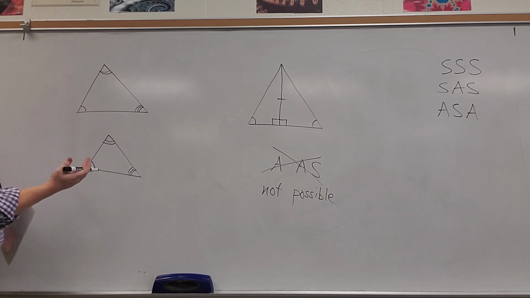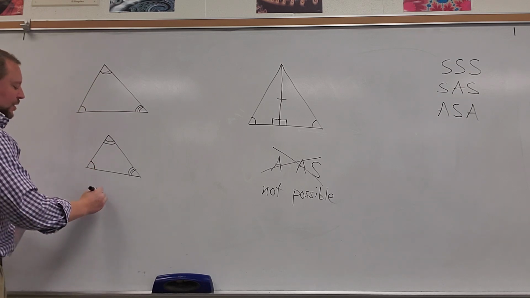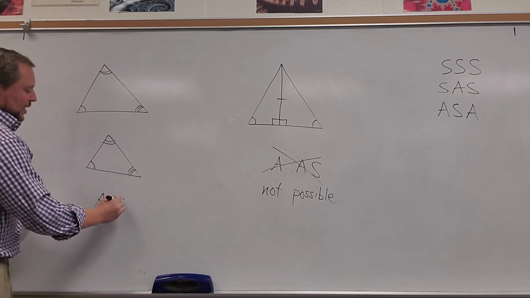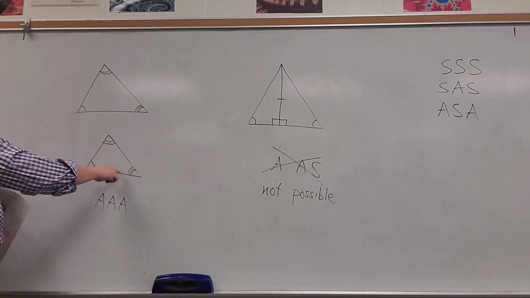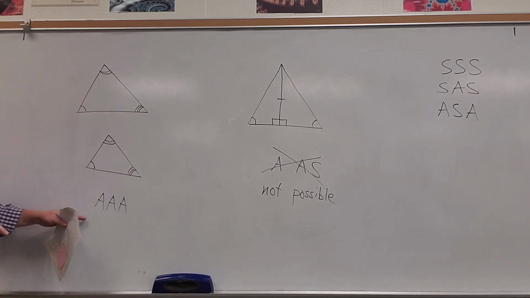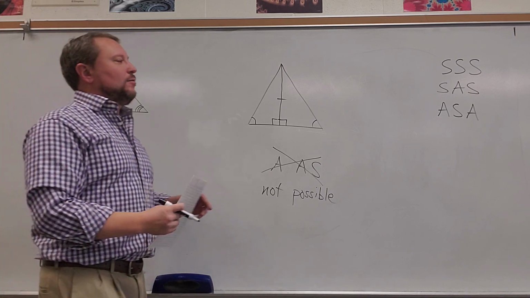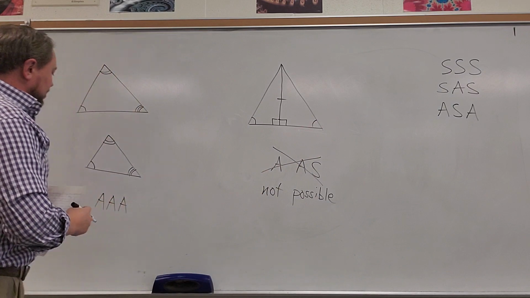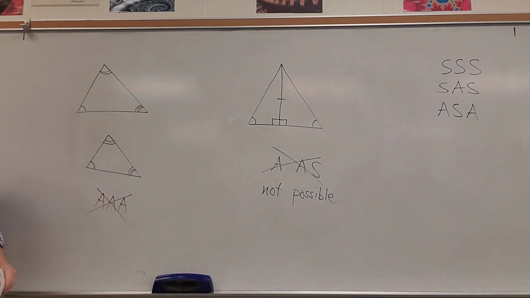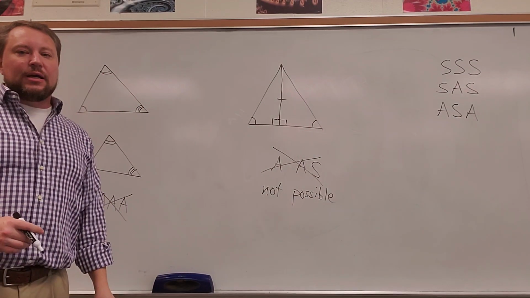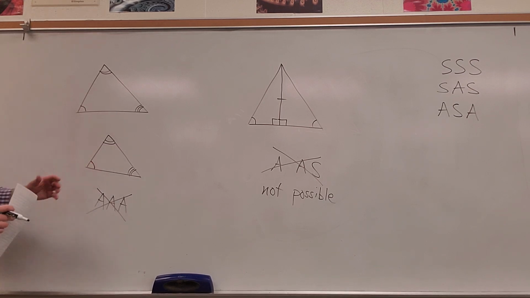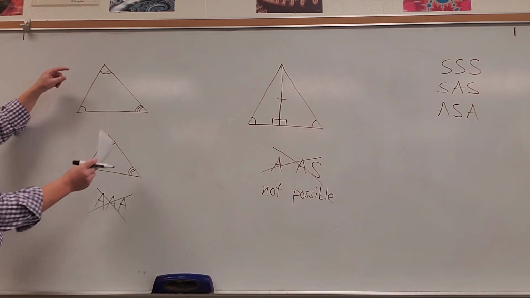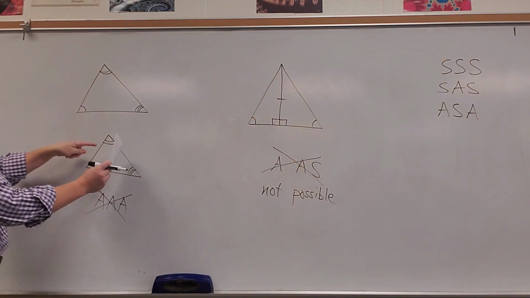If I was to try to come up with a shortcut for this, it would be called AAA. I mean, you have all three angles. But AAA is not one of our shortcuts. You'll see it's not on our list, and there's a reason for it. AAA does not work. You cannot just have matching angles. You might have noticed I even drew the second triangle a little bit smaller.